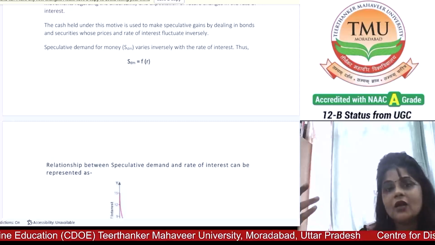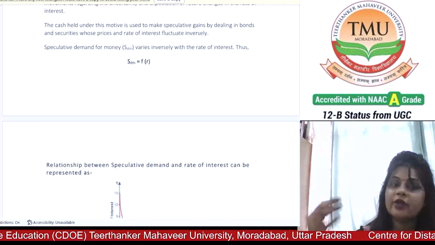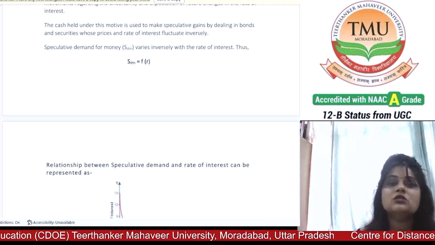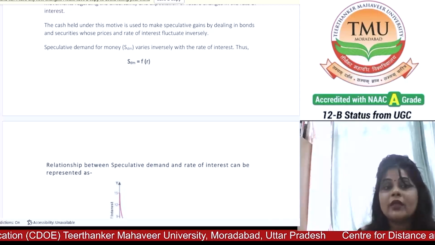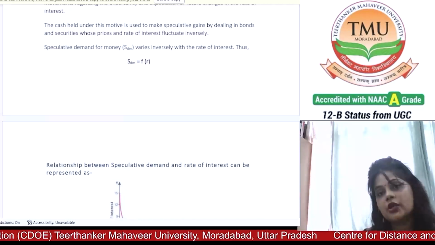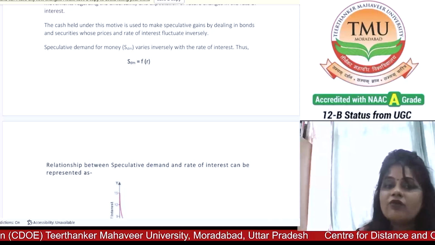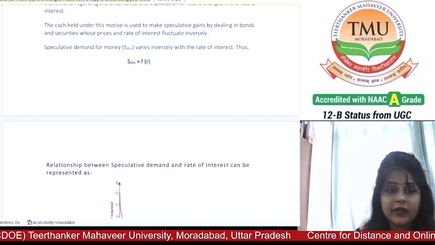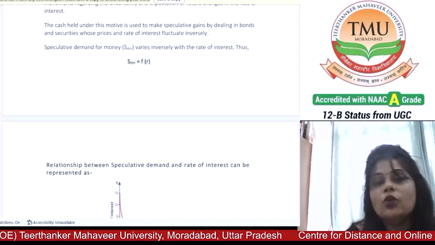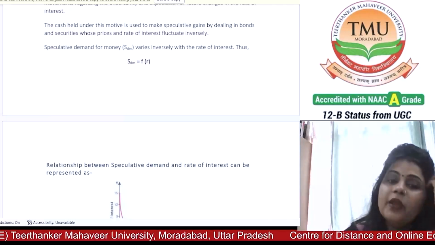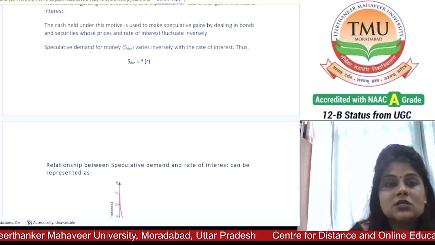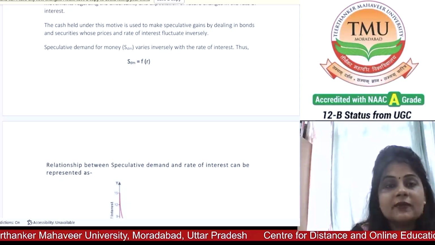If bond prices are expected to rise, the rate of interest is expected to fall. People will buy bonds to sell when the price later actually rises. If, however, bond prices are expected to fall, the rate of interest is expected to rise, and people will sell bonds to avoid losses.